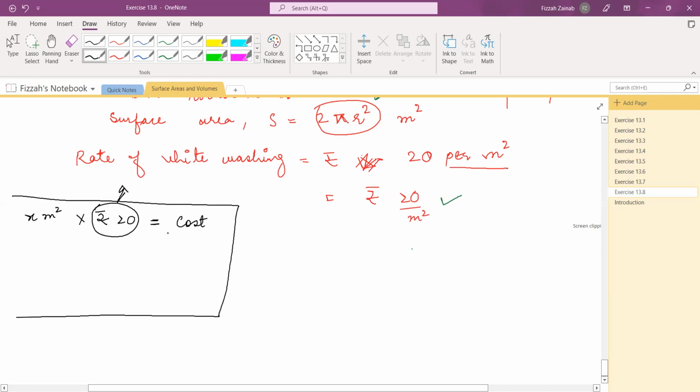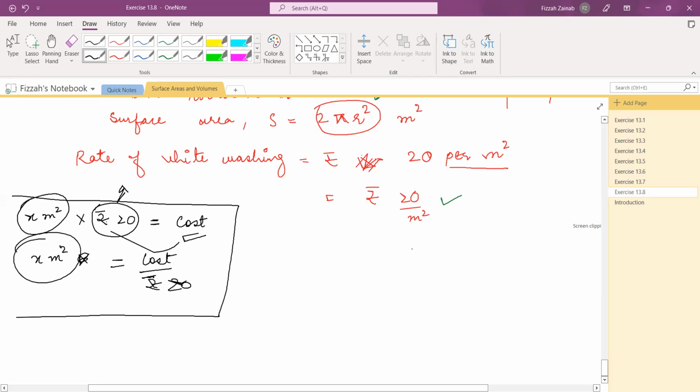First we find the total surface area, then multiply it with the rate, and we get the answer. So if I keep my surface area here and divide the cost by my rate, let's say rupees 20, I'll get my surface area, isn't it?